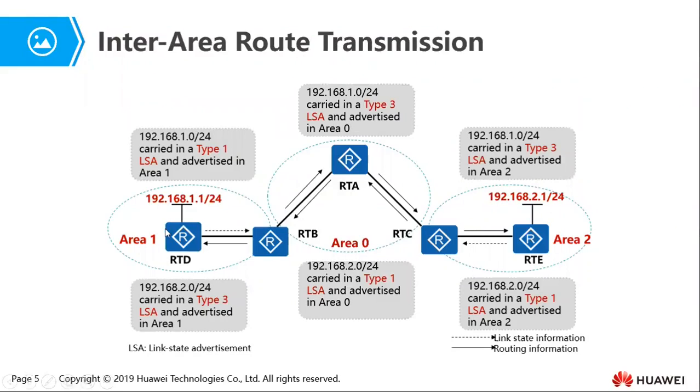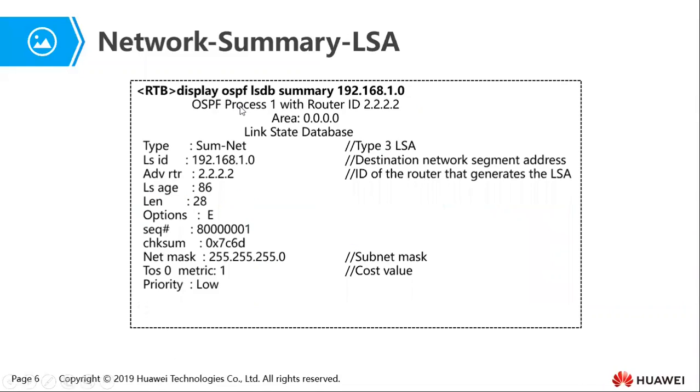So here we were simply in RTB. In RTB, we've displayed the type 3 LSA that is advertising this network on area 0. That is what we've been evaluating in this slide.